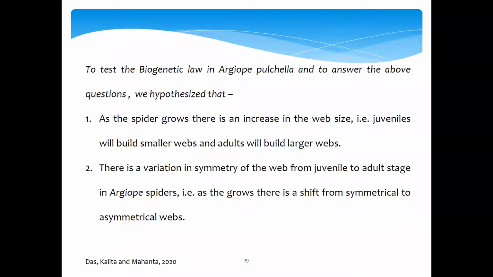We can neglect that web, because maybe that night or the next day, it will build the entire foraging device again. So for this hypothesis, the juveniles will build a smaller web, whereas the adult will build a larger web. Then the second hypothesis is that there is a variation in web symmetry from juvenile to adult stage. That is, as it grows, the web will shift from symmetrical to an asymmetrical web.